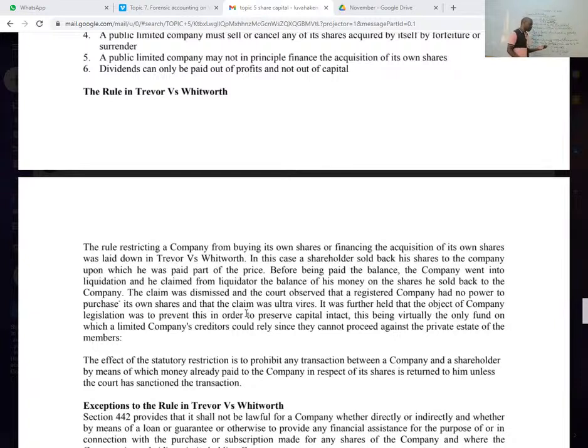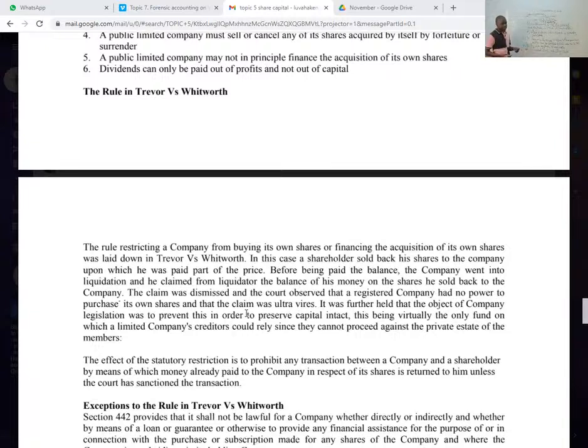So if the company is buying back its shares, it simply means that it is not maintaining its share capital. Therefore, one of the ways, apart from the ones we've just listed, that the company can maintain its share capital is to observe this rule, and avoid the purchase or financing the purchase of its own shares.